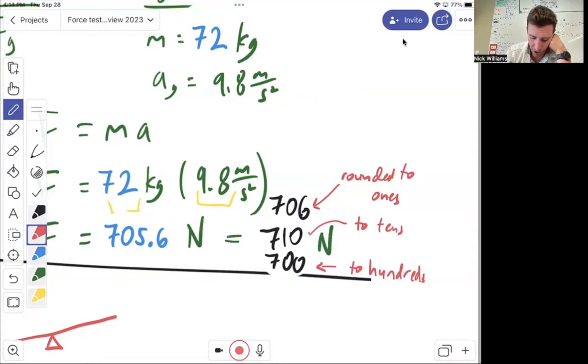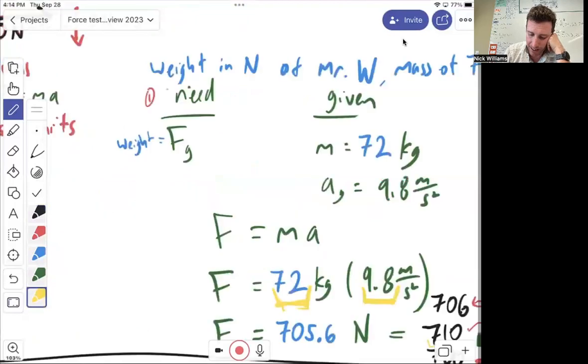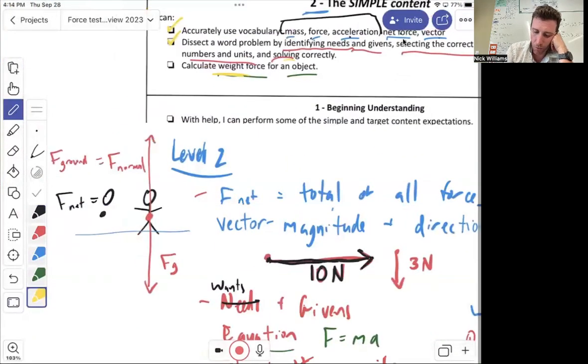There are 2 digits in this number, 72, and there are 2 digits in 9.8. So I feel comfortable going to 2 digits, 71, and then putting the 0 at the end. So there you go. So that is how we find the weight force for an object.